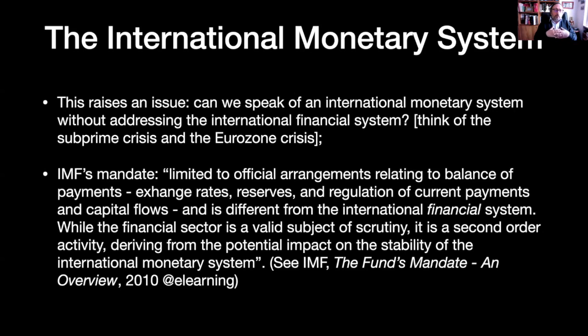So an event such as this means that you cannot simply say, well, banks are a domestic problem. The financial system is also part of the international mission of ensuring a stable monetary system.